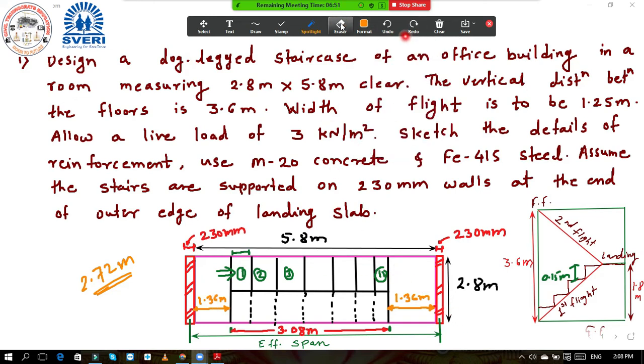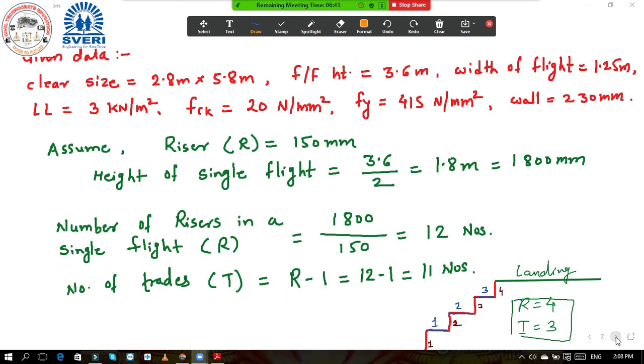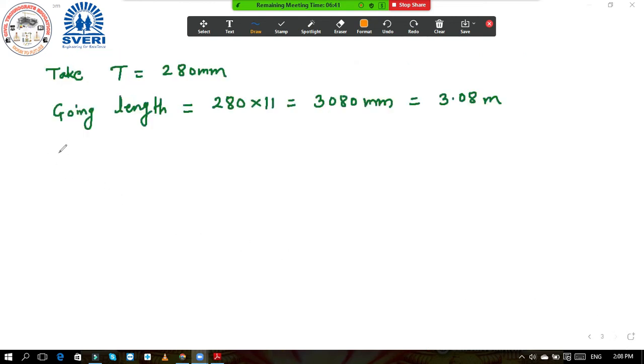So moving further now, after all this calculation, I will write landing is equal to, how we have calculated, land length 5.8 minus 3.08, which is equal to 2.72, in this bracket, and whole divided by 2.